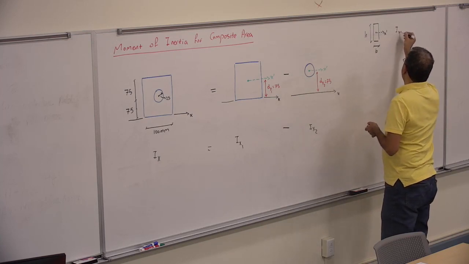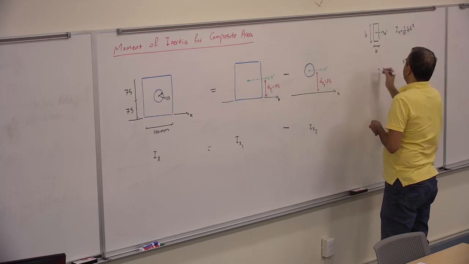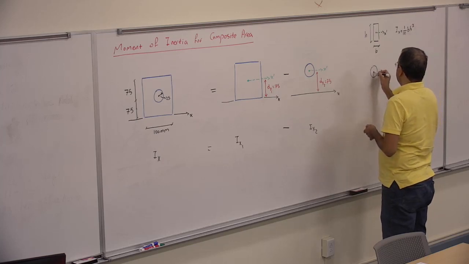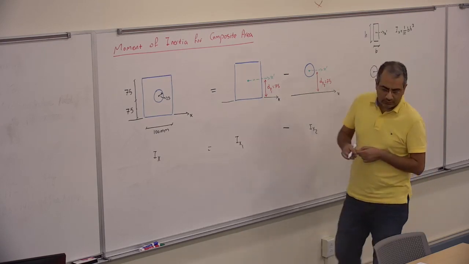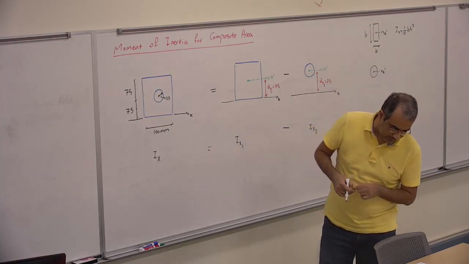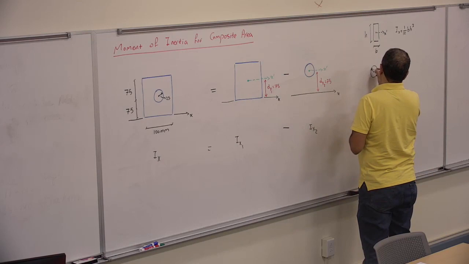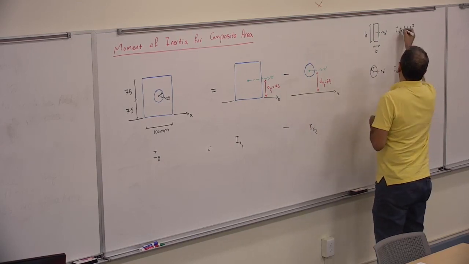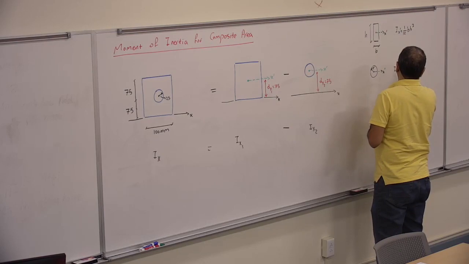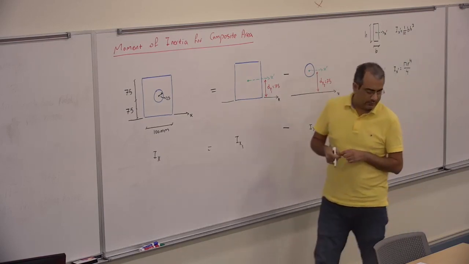I about x prime was 1/12 b h cubed. For the circle, if this distance is R, the I about x prime would be pi R to the fourth divided by 4, something like that.